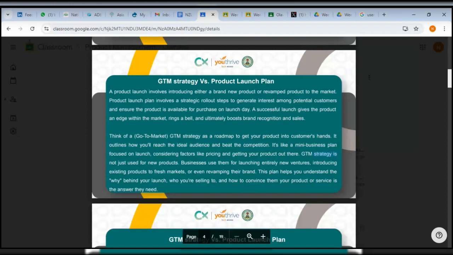For either of these situations, they are all called product launch. A product launch plan involves strategic rollout steps to generate interest among potential customers and ensure the product is available for purchase on launch day. A successful launch gives the product an edge within the market, rings a bell, and ultimately boosts brand recognition and sales.